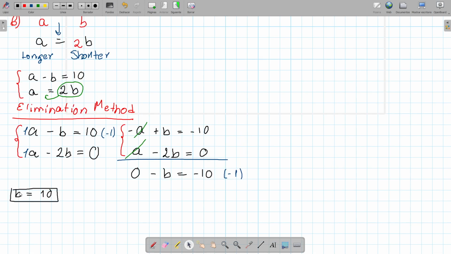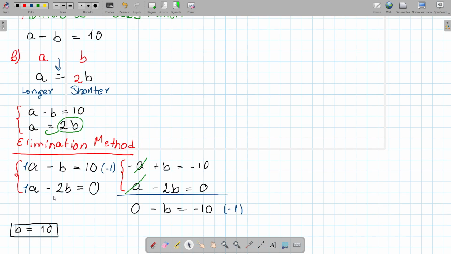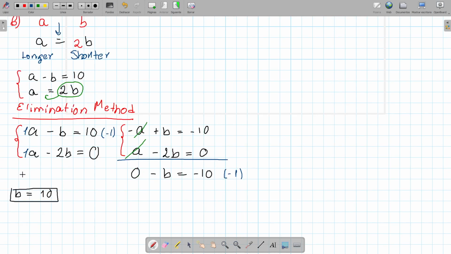Now that we have found the value for b, what we are going to do is find the value for a. We can replace this value in any of these equations. I will replace it in the second one. The second one says a equals 2 times b.